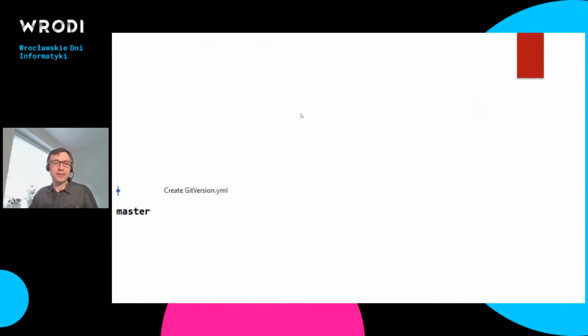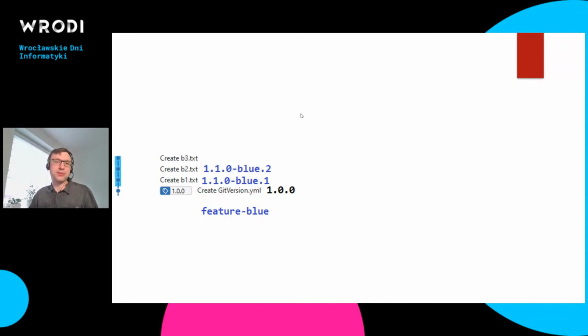So let's have a look at the example. We again start on the master branch, create a 1.0.0 tag, and then we switch to develop and create a feature blue branch from develop. After you make some commits, you can see that the behavior is quite similar to the previous approach.